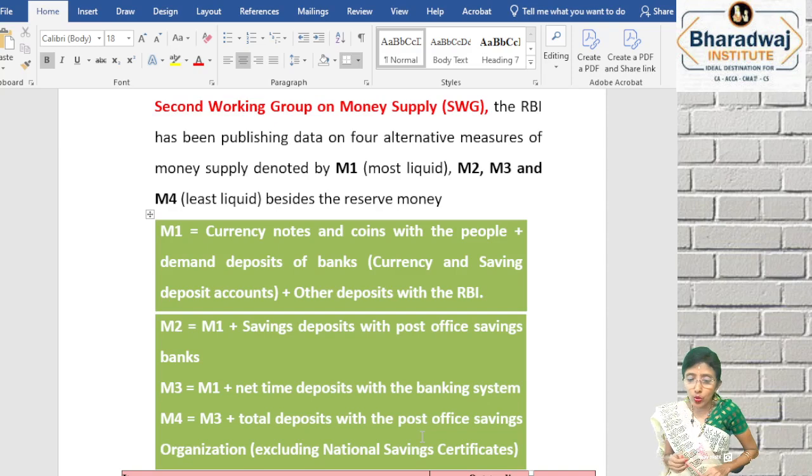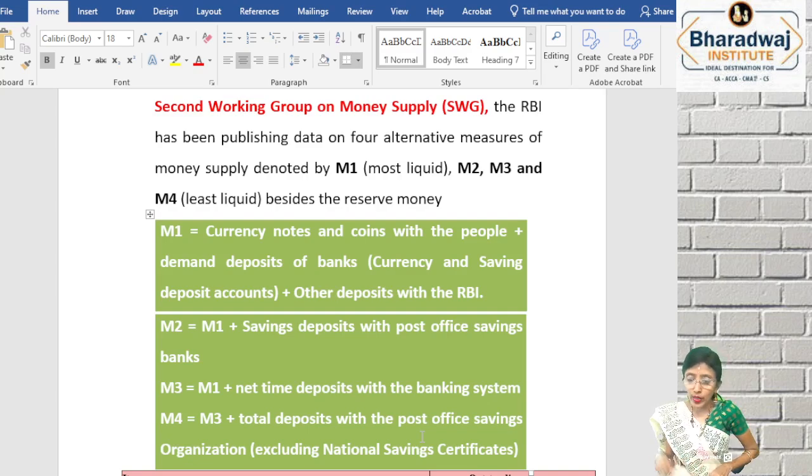M1 is equal to currency notes and coins with the people plus demand deposits of the banks. CASA, we learned the term CASA, current and savings deposit accounts. Plus other deposits with the RBI. You can excuse them if the bracket is not written, but otherwise, three components are defined in M1.